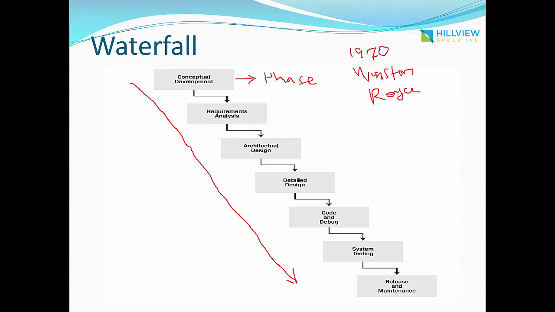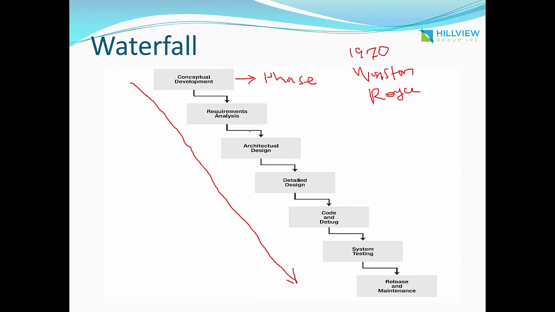Okay, so this model addresses all the standard life cycle phases. From your conceptual phase all through to when you release your software to your users, all the phases are present in the waterfall model.